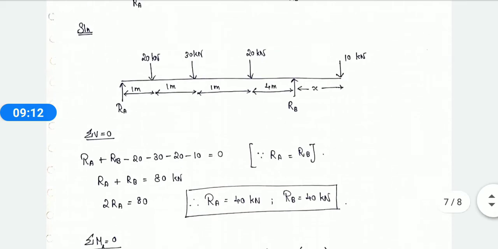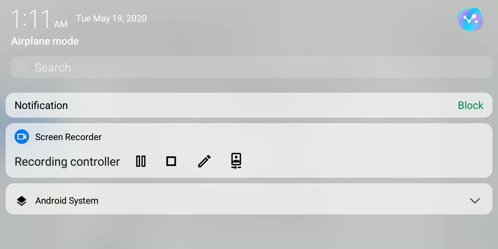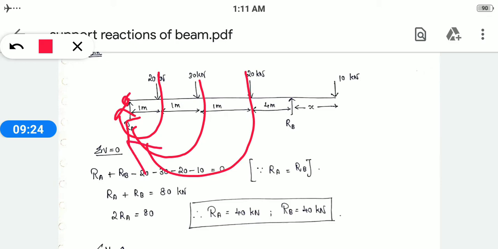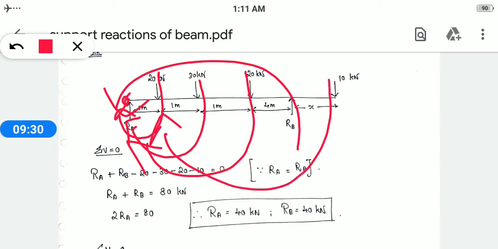So if I take it on A, how many moments will act? At A, 20 will be in positive direction, 30 will be in positive direction, 20 is also in clockwise direction. RB will be in anti-clockwise direction. This 10 will be in clockwise direction. This is your moment.